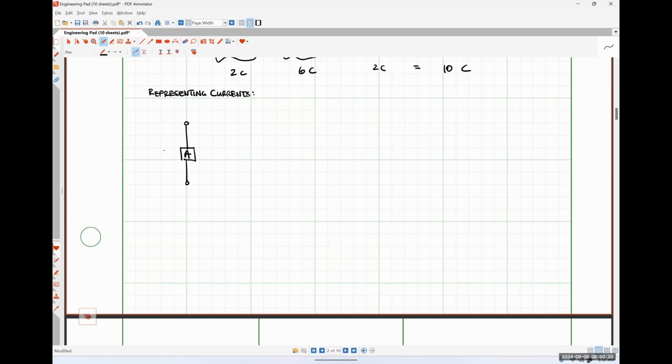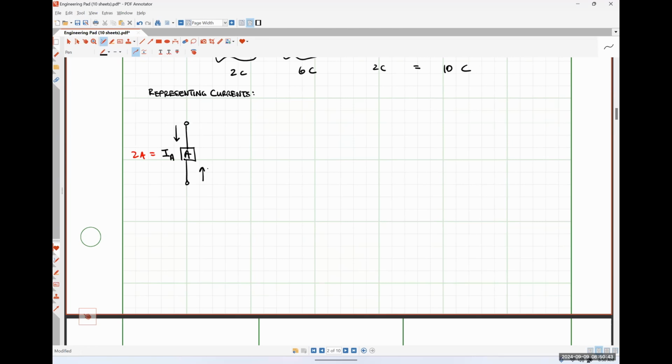So I'm just going to call this current IA. And we might say that IA is something like 2 amps. Well, the other part to fully define a current is a direction. So I'm going to say that IA is 2 amps down.